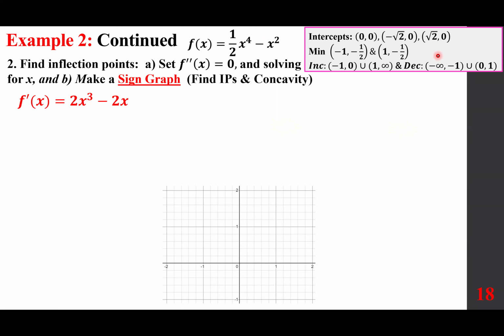Now I have to go with f double prime of x, which is 6x squared minus 2. And because I want to do the sign graph on that, I'm going to set it equal to 0. Therefore, I'm going to factor the 2 out. So 3x squared minus 1 is 0.